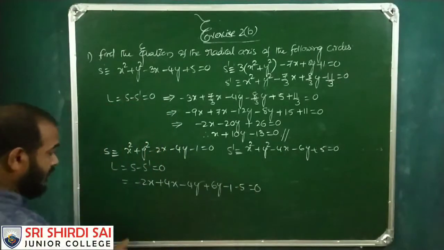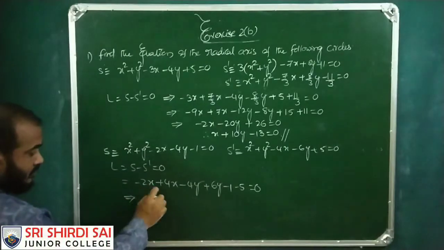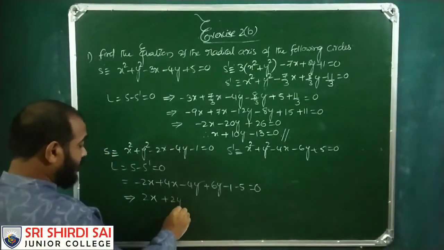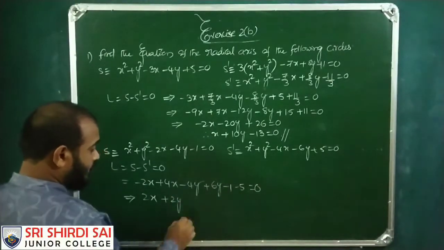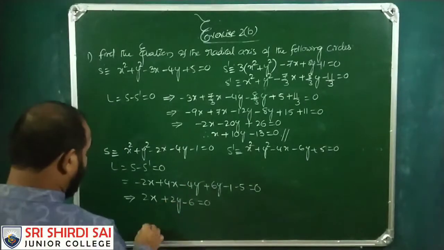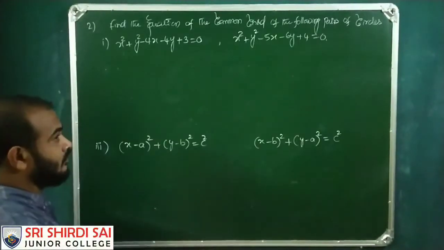That means minus 2x plus 4x is 2x, 6y minus 4y is 2y, minus 1 minus 5 is minus 6, equals 0. If you take 2 as common, then x plus y minus 3 equals 0.